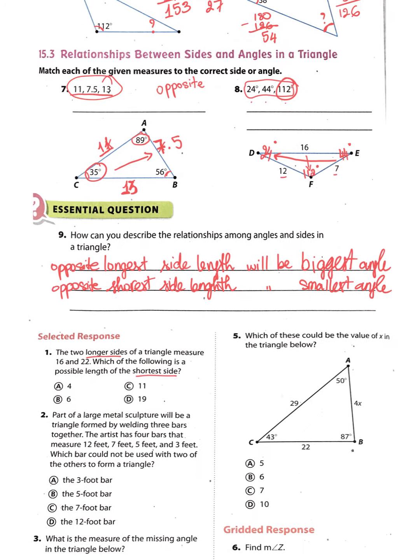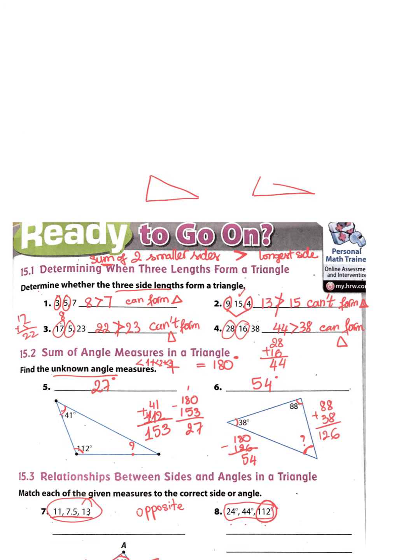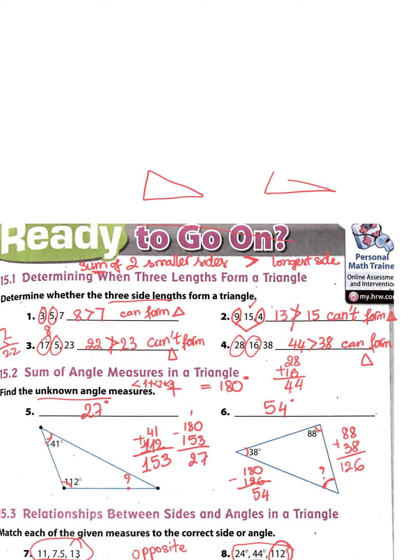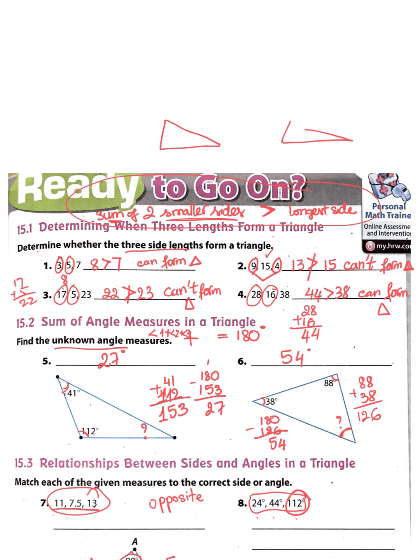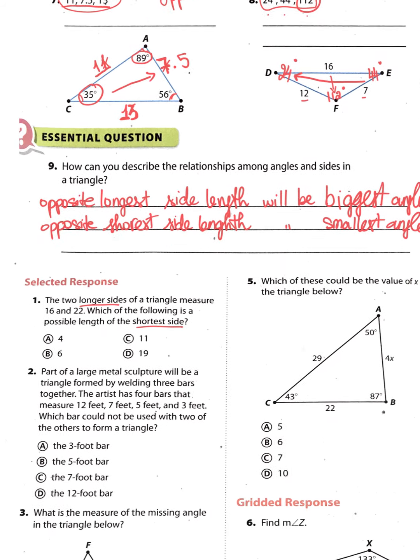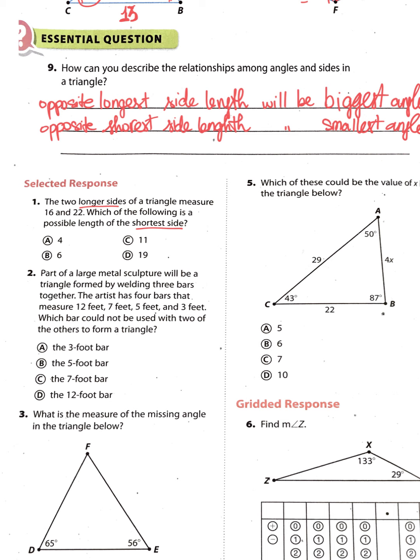The rule that we found is right here: the sum of the two smaller sides needs to be greater than the longest one. However, they're giving you the two longer sides, 16 and 22, so you need to find the sum and compare with the longest side. If they are greater, it will be qualified.